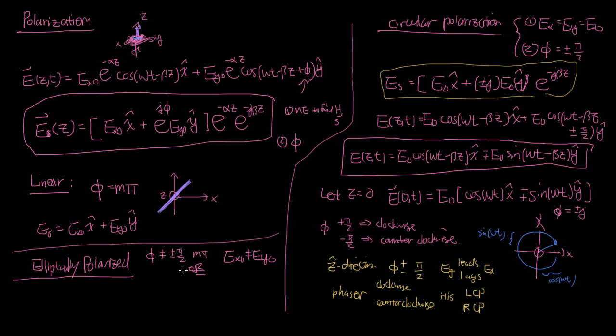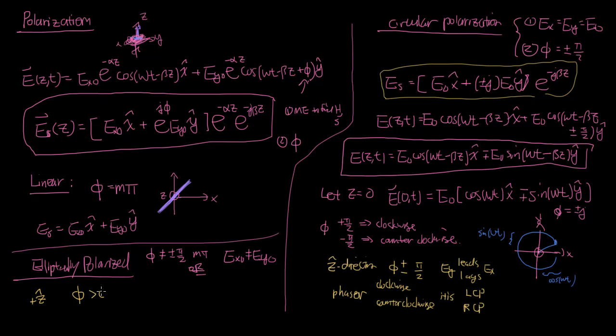So basically, in that case, the only question that you need to answer is whether it's right-handed or left-handed elliptically polarized. And so this same kind of logic still applies. Assuming that you're in the plus z direction, again, if it's negative z, then you just reverse the logic.